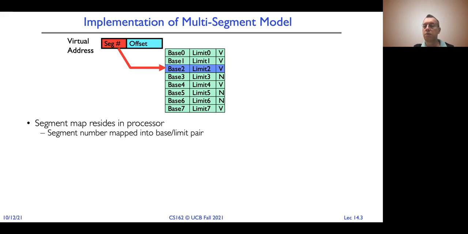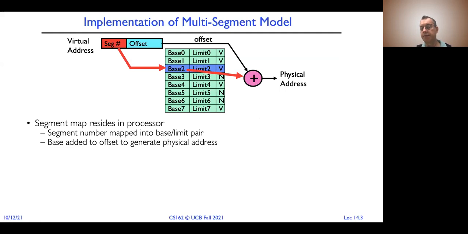Okay. So when you have a virtual address, you look at the first field, which is the segment number. You use that to index into the segment table, and in that segment table you are going to find the base of the segment and the limit, and you are going to compute the physical address by adding the offset, which is the second field in the virtual address, to the segment base.